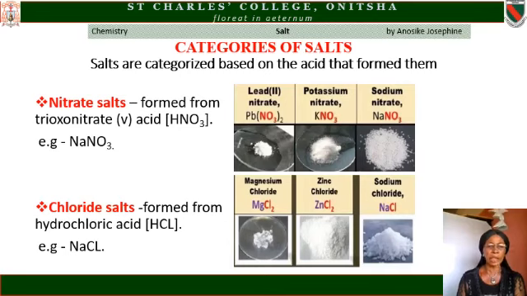The second group, the chlorides, are formed from hydrochloric acid, HCl. If you see the examples given to you, magnesium, zinc, sodium, they all have a common Cl in their molecule, and that makes them belong to the group of the chlorides.